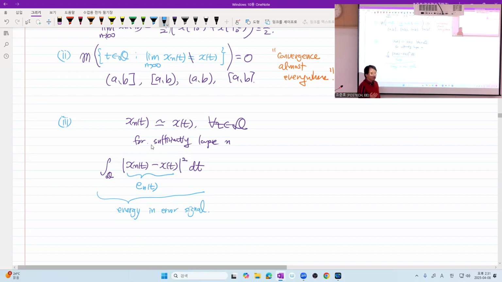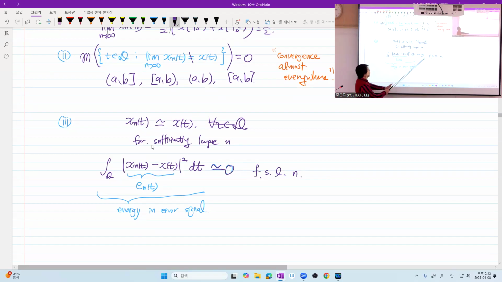And now, what do you want to say as an engineer or scientist? You may say that, hey, this is almost 0 for sufficiently large n, right? By the way, in many engineering and science courses, they love this, they even use just f dot, okay?